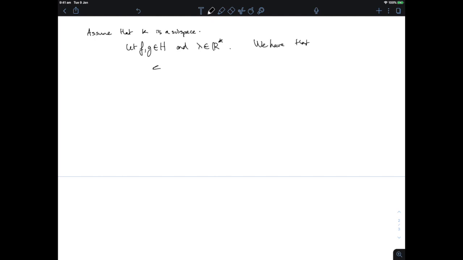And we have that (f minus the projection of f, v minus projection of f) has to be less or equal than 0 for every v in K. That was the characterization of what this projection is. In the same way we have that for g.